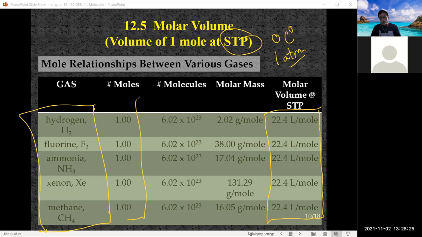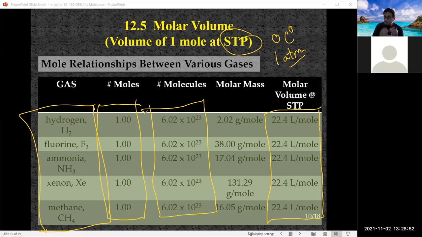All of them have 1 mole, and all of them have the same number of molecules. Just like we have a mole of solid, we have 6.02 times 10 to the 23rd. We got a dozen, like the dozen represents 12 for 1 dozen, 1 mole represents 6.02 times 10 to the 23rd.